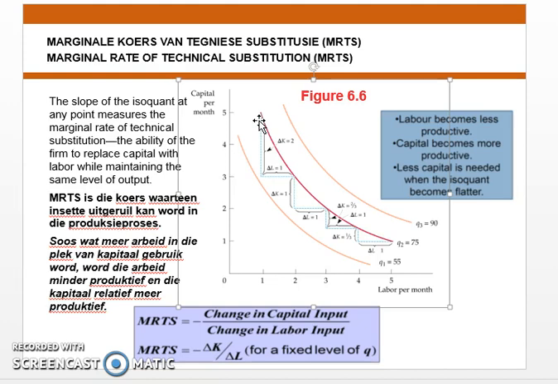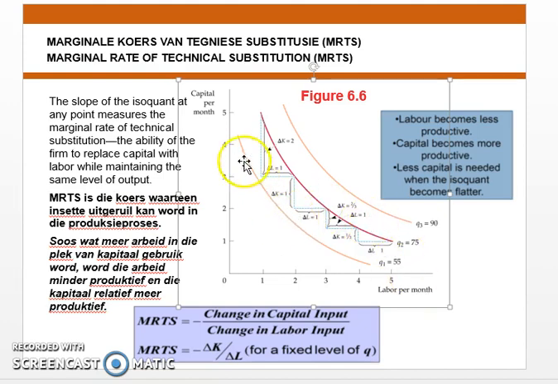Now if you are producing any good, let's say tables or chairs or coffee, you need inputs. Okay, so the inputs that we're looking at here are capital and labor. So you need a machine and you need someone to press the start button. Okay, and depending on the quantity of each of these that you have, you can increase output as you go along.